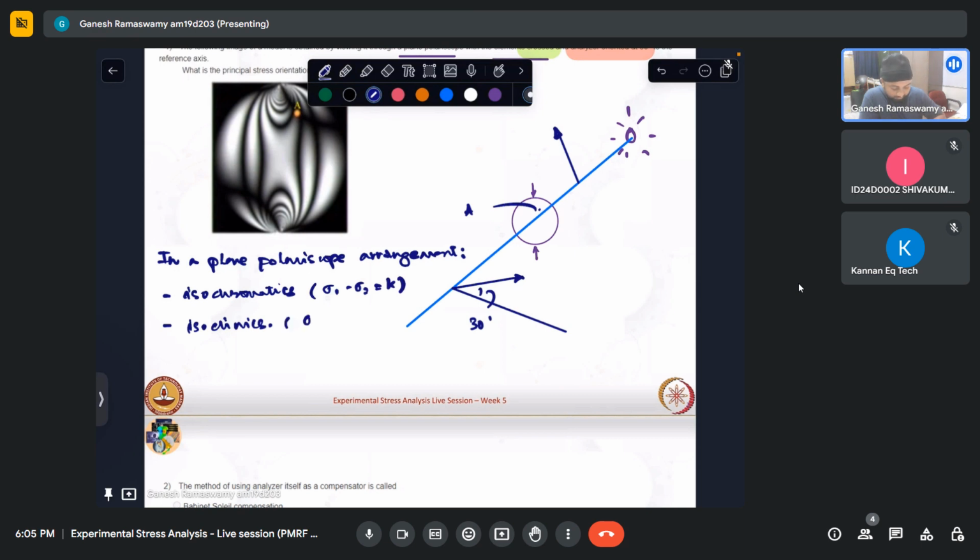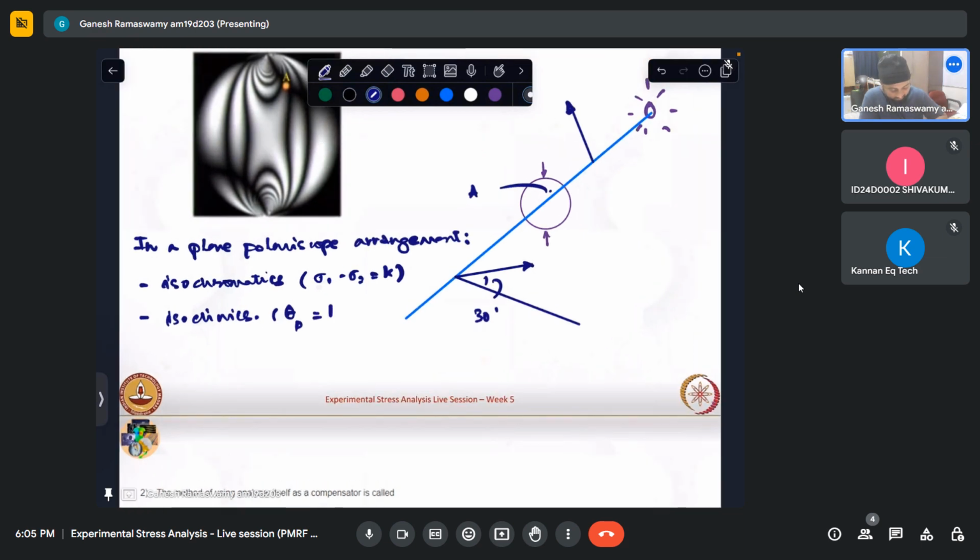And this is theta equal to constant. I will simply say theta p. Theta p is the principal stress direction, so that is equal to some constant. So these two are the fringes that we see in a plane polariscope arrangement.